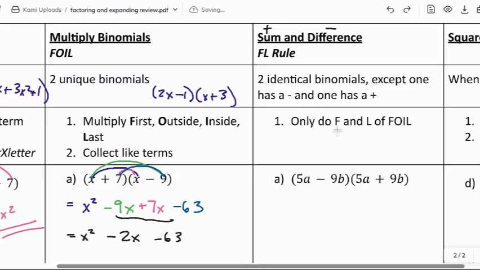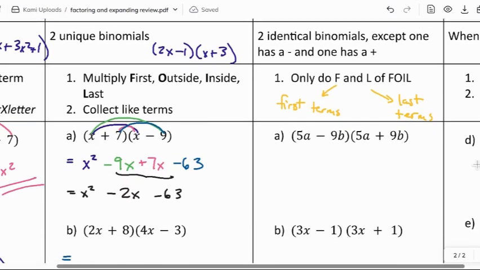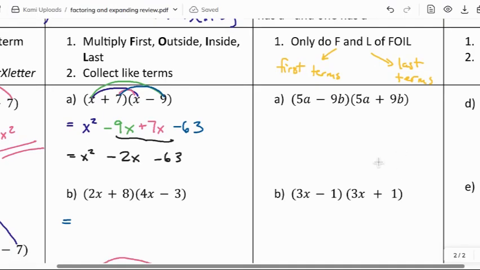That's important because if you get two identical binomials, but no sum and difference, you cannot use this method. And so within FOIL, the F stands for first terms, and the L stands for last terms. So when you have identical binomials, but one has a difference and one has a sum, all you have to do is multiply the first terms and multiply the last terms, and you're done.